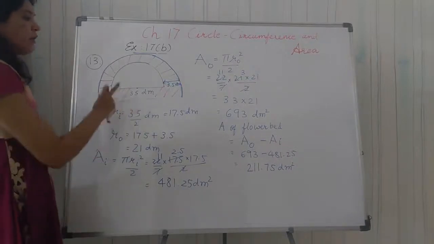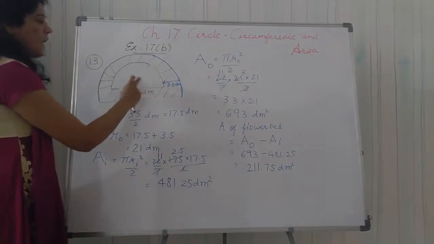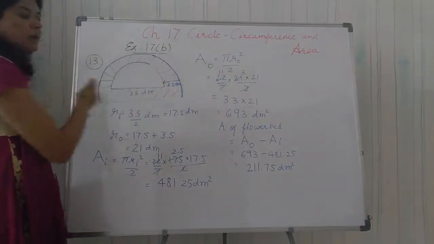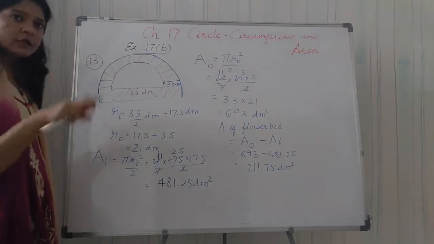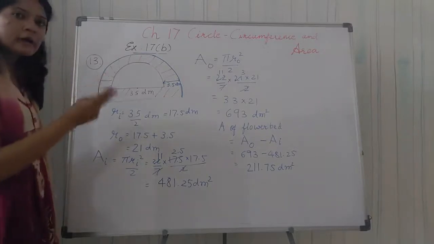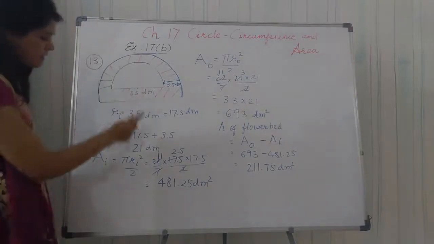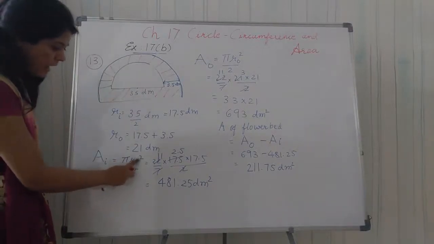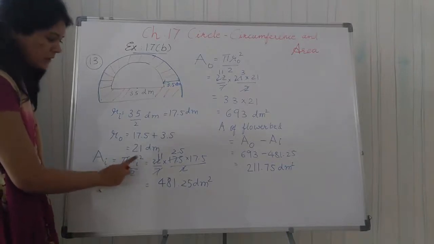Now we will find first the inner area of the semicircle and then the outer area of the semicircle. For that, the full circle area formula is pi r square and the inner area of the semicircle is pi ri square by 2. Why ri? Because it is the inner radius, right?